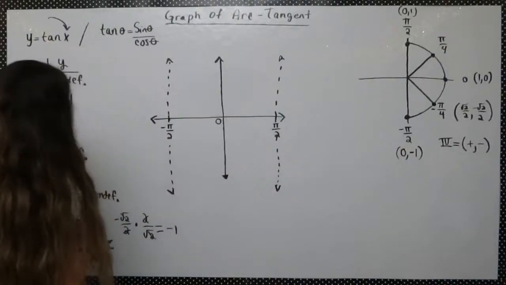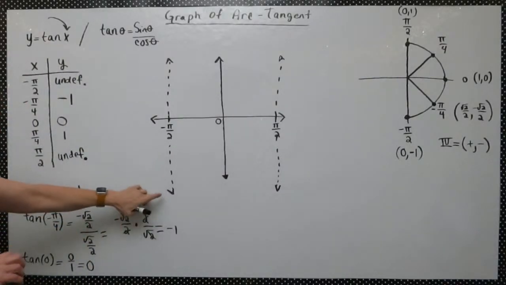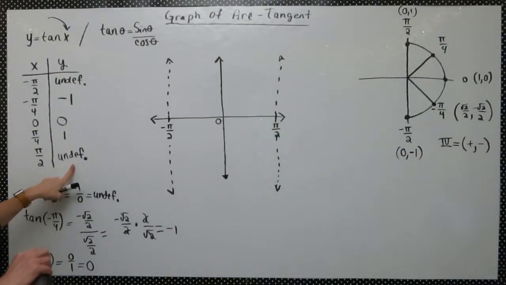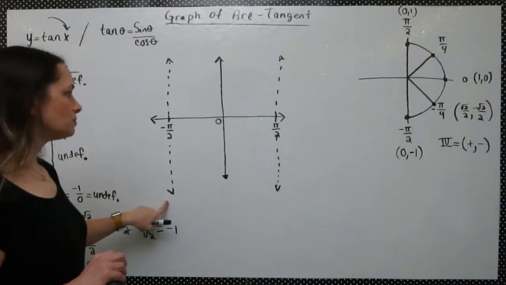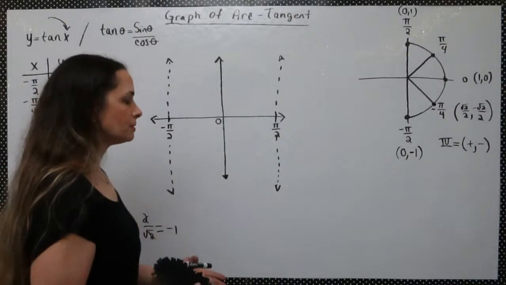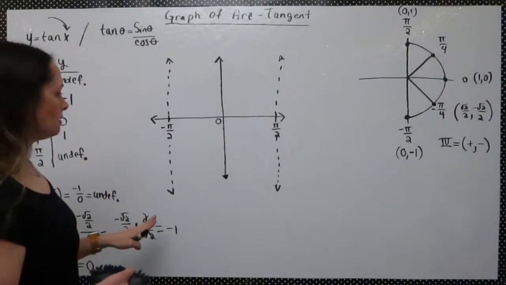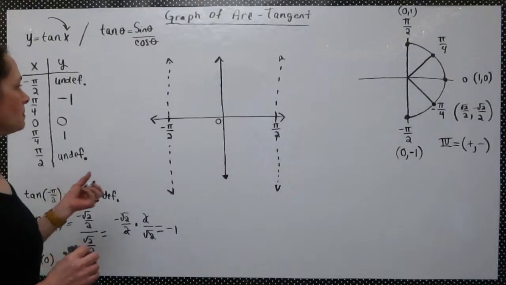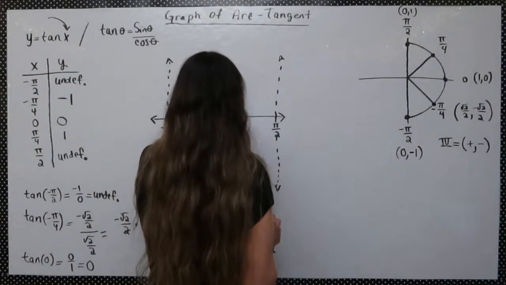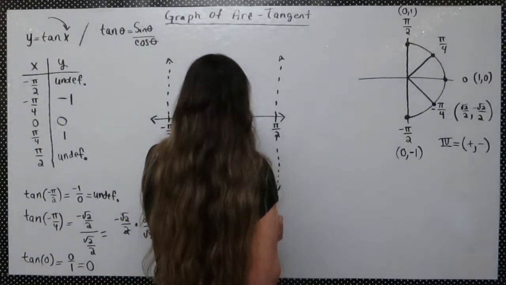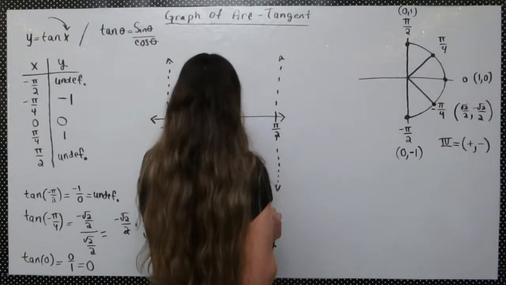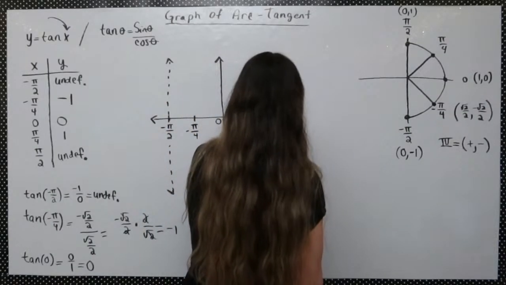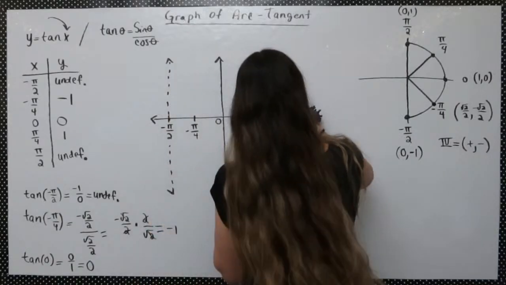And I got ahead of myself and went ahead and put those asymptotes in there for negative pi over 2 and pi over 2, but that's what I would do next. I would go ahead and do that so that I can sketch the behavior of the graph. And then I'm going to go ahead and drop this point in right here. Negative pi over 4. And put this one in here, positive pi over 4. So I can make this a little bit bigger.